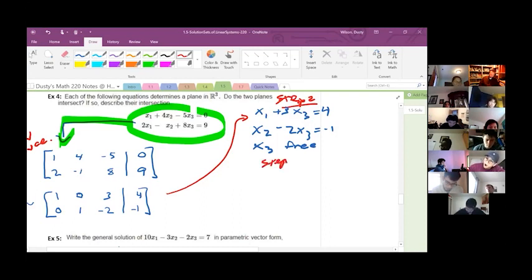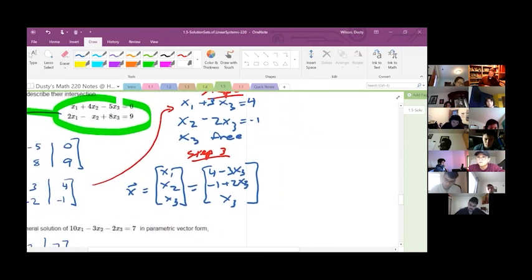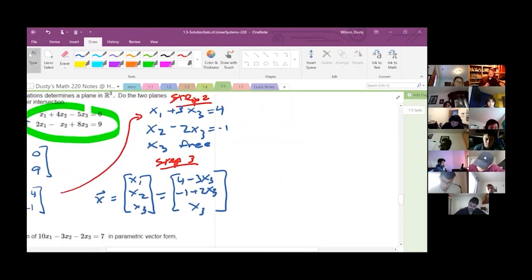Think about it like saying that your x, which is (x1, x2, x3), is going to be (4 - 3x3, -1 + 2x3, x3). And then the last step is to decompose that x into a linear combination of vectors with numeric entries, using the free variable as a parameter.